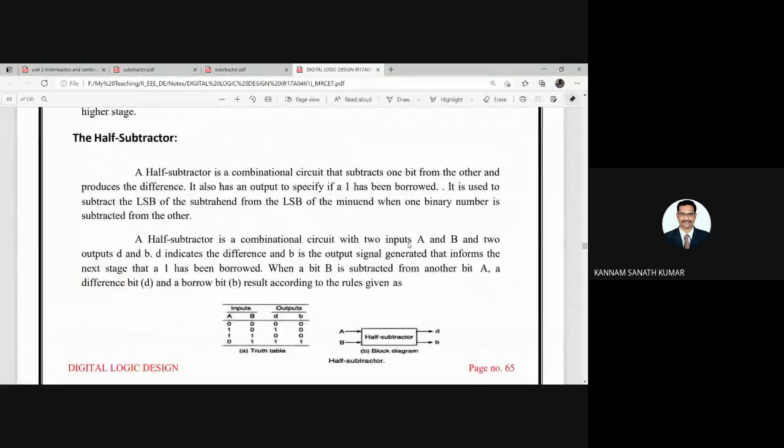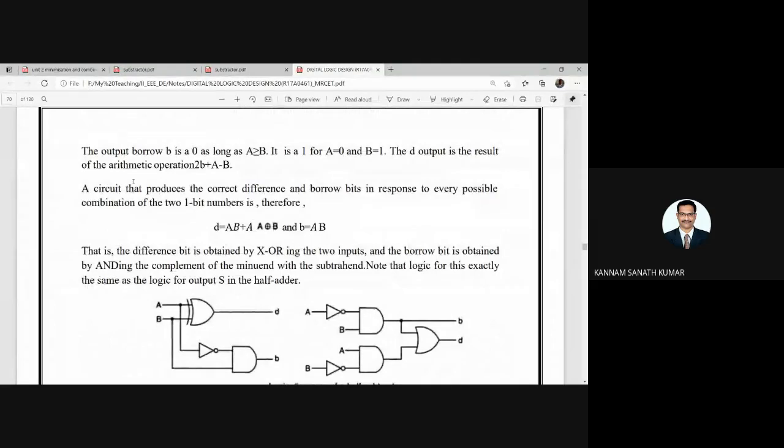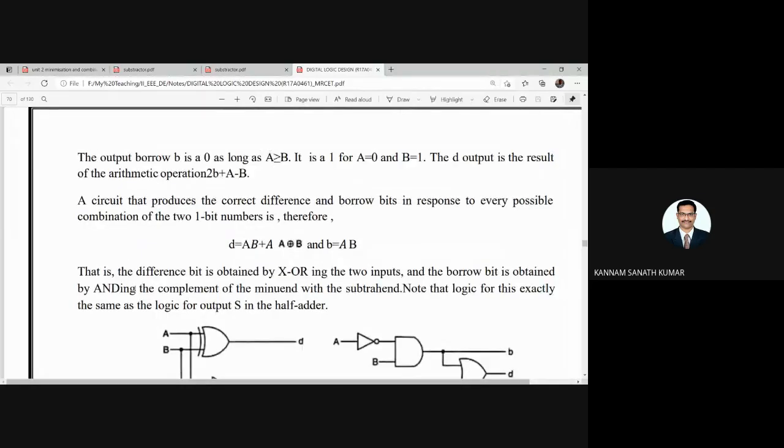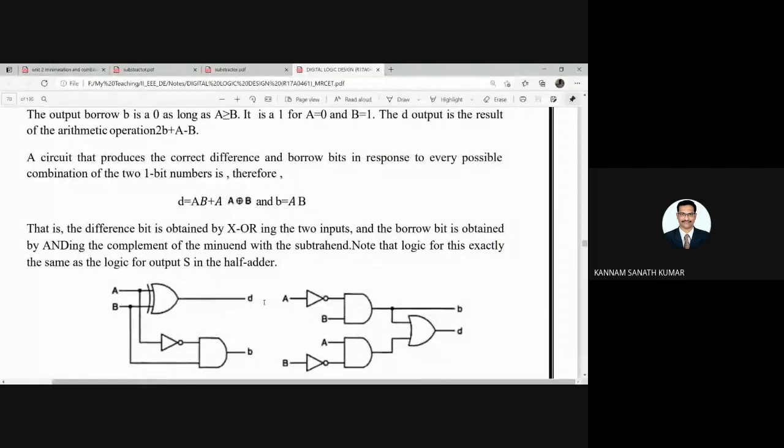So this is the half subtractor. See here, the output borrow is 0 as long as A is greater than or equal to B, and the output difference is the result of the arithmetic.